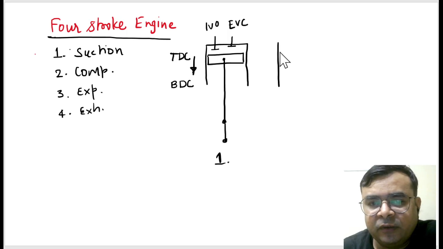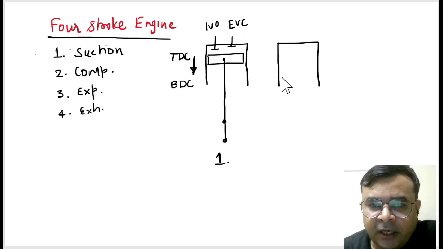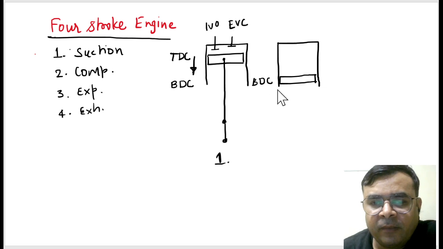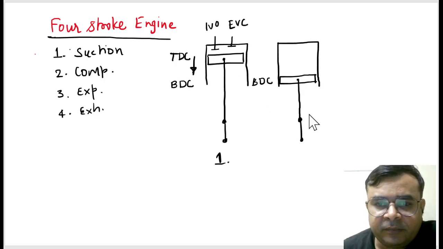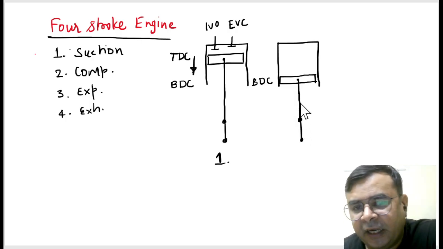So I'm just writing the number. And in the next one, you can also see one more thing. In this, we have valves, okay, inlet valve and outlet valve. And now when your piston is positioned somewhere here at the bottom, that is called BDC. And in this condition, the piston and crank both overlap each other.